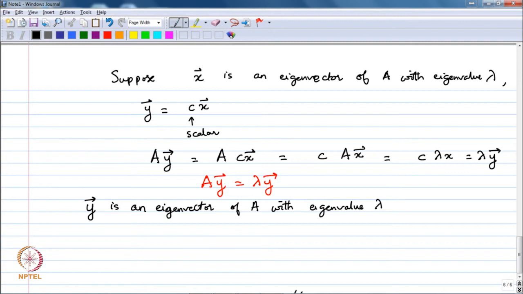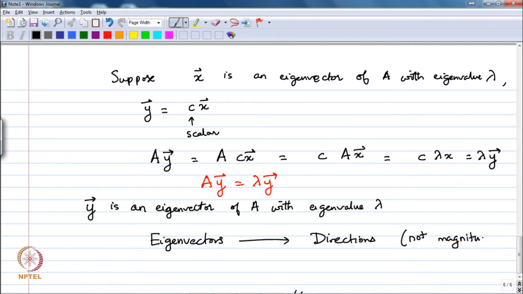So that is why eigenvectors really refer to directions and not magnitudes. Okay. Eigenvectors refer to directions, not magnitudes, because you can always multiply an eigenvector by a constant and get another eigenvector. So when you talk about distinct eigenvectors, we want eigenvectors pointing along different directions.